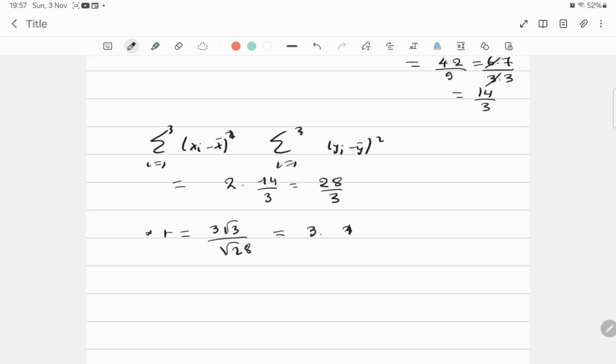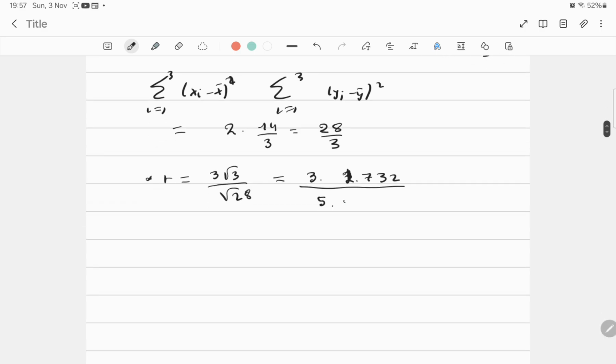Three times 1.732 divided by the square root of 28, which is 5.2915.